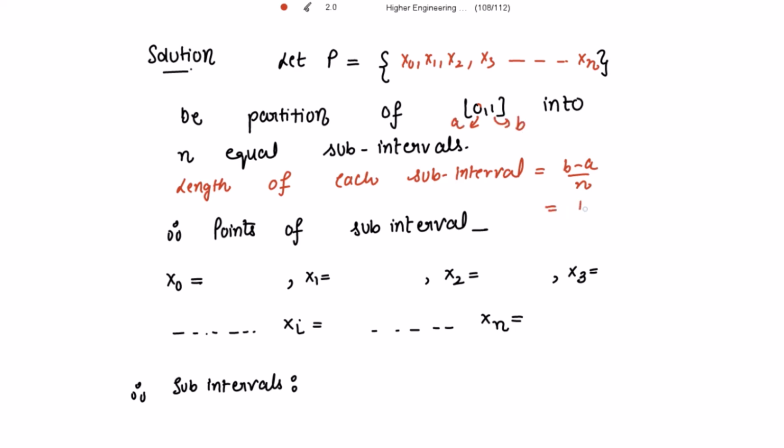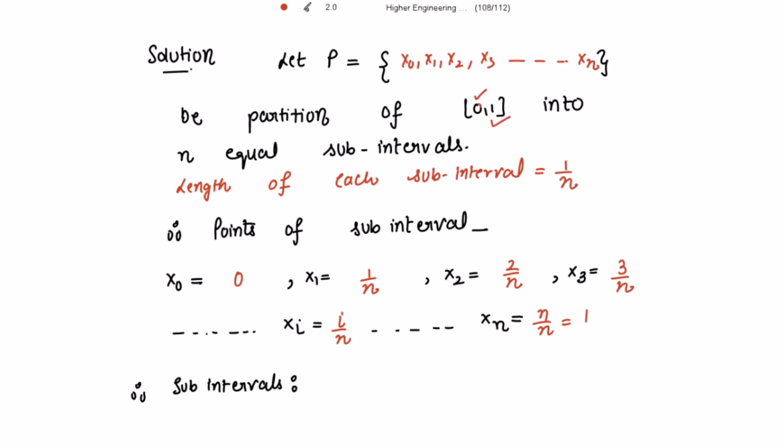So this is equal to (1 minus 0) divided by n, that is 1/n. And then we write the points of the subintervals. The first point, x0, is always taken to be 0. Then x1 is 1/n, x2 is 2/n, x3 is 3/n, and so on. xi is i/n, and xn is n/n, that is equal to 1.